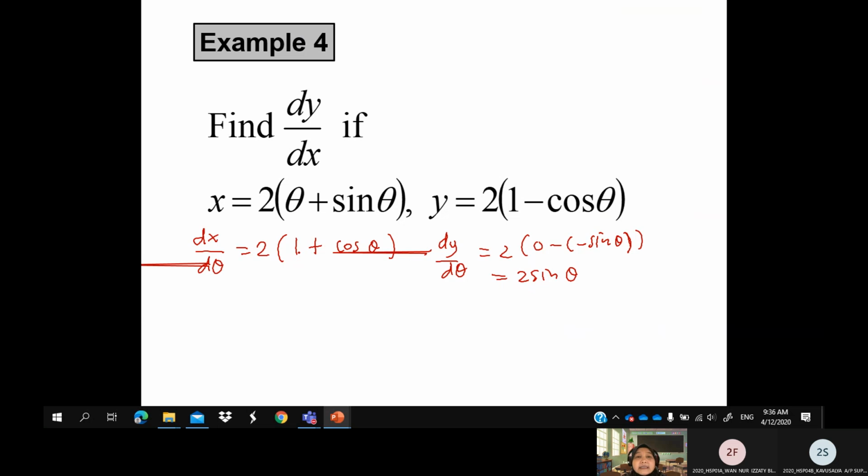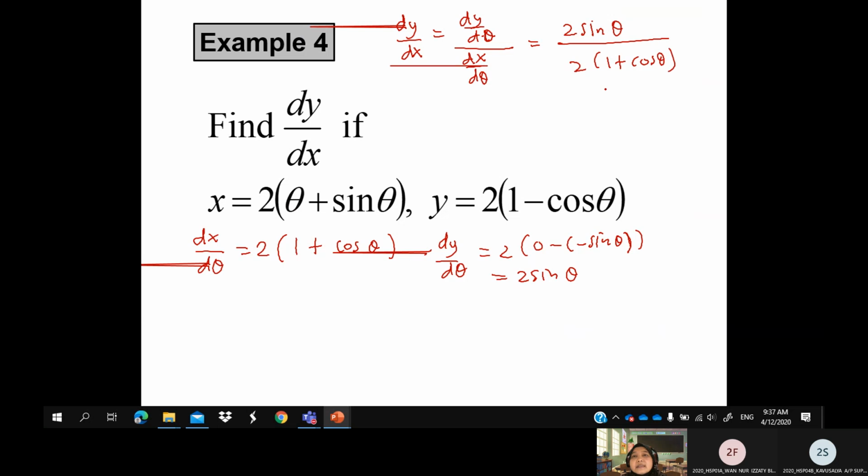Using the chain rule, dy/dx equals dy/d theta over dx/d theta. You will get 2 sin theta over 2 times (1 plus cos theta).